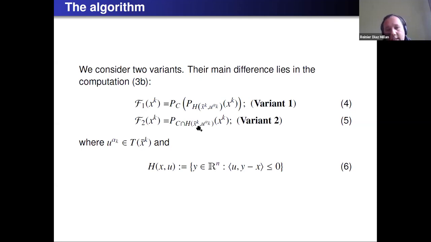This set is smaller than these two sets, but maybe it is a little more complicated to compute the projection, because this projection here is easy to compute, because it is a closed formula. That doesn't happen here, okay?